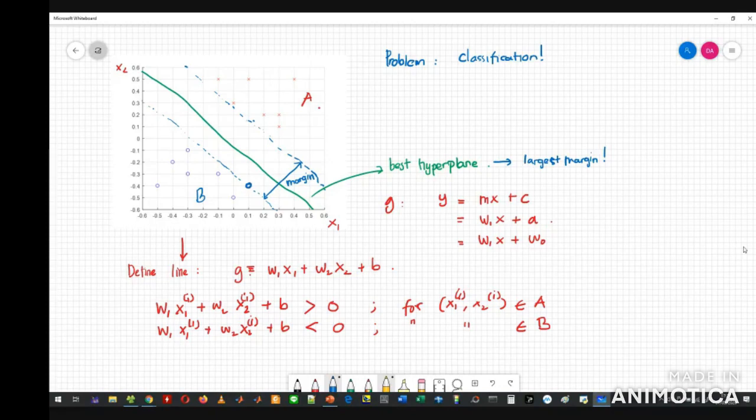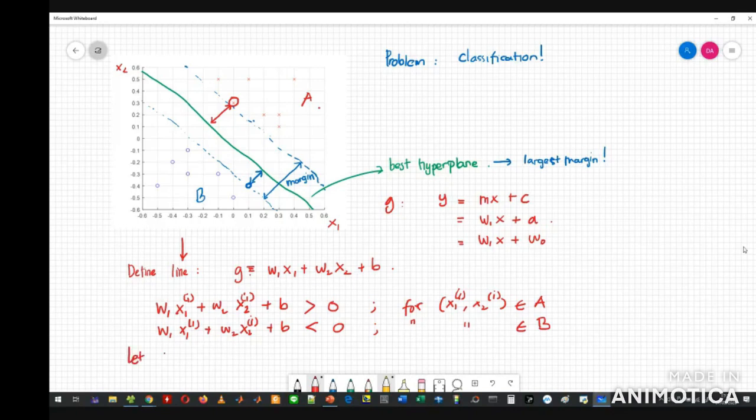This is the nearest point of class B. And the other one, this red cross, belongs to class A and is the nearest point in class A with respect to the green line.